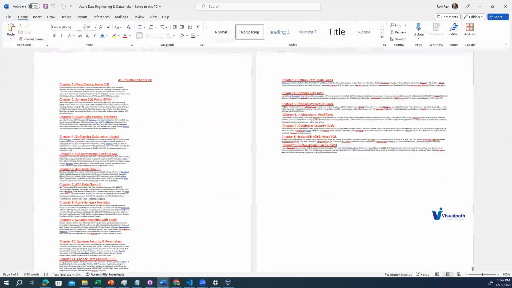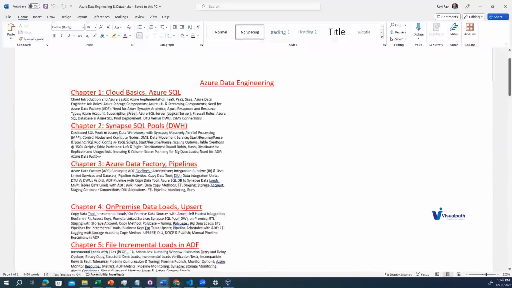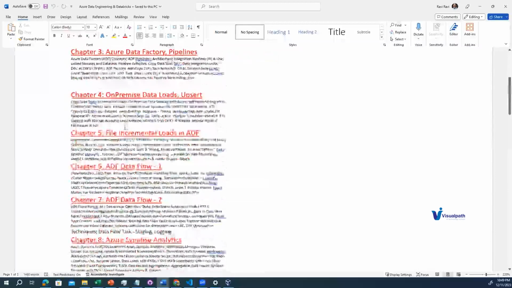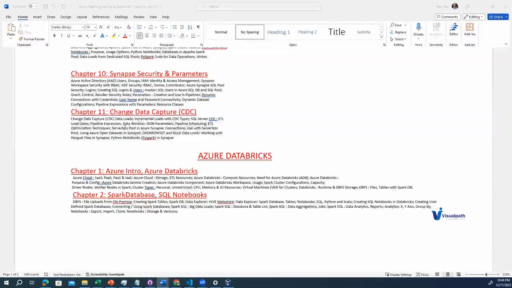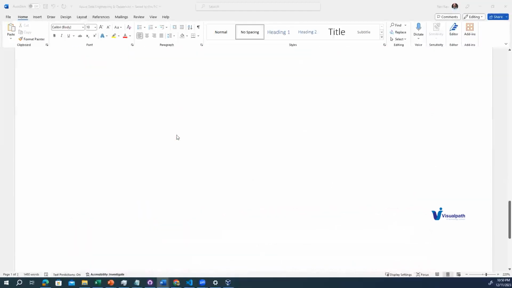The content is very, very heavy, sir. You'll be seeing cloud basics, what we are doing right now. Then Azure Data Factory, on-premise data loads, file incrementals. We'll be seeing Azure Databricks also, all the concepts with respect to Azure Databricks, and then we'll be covering Power BI also.